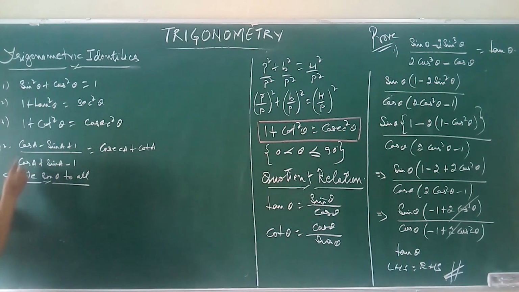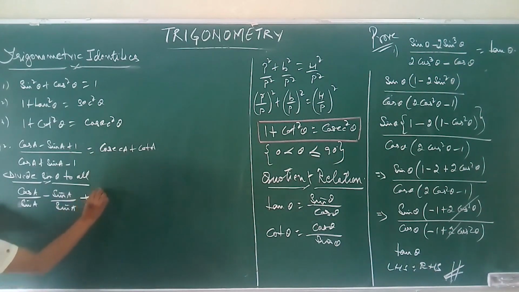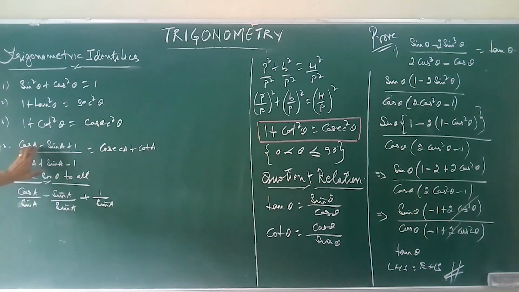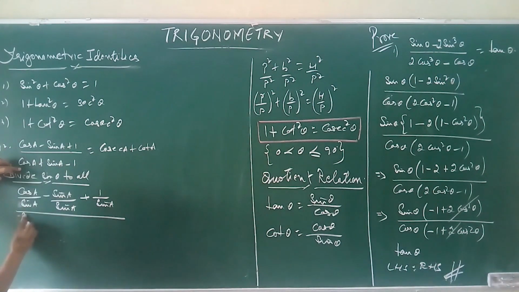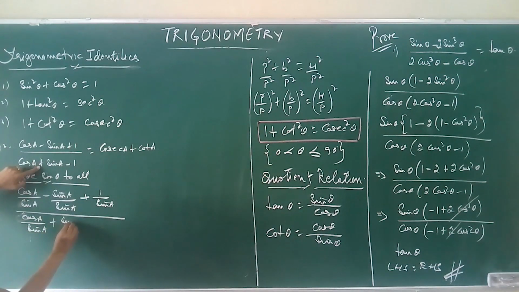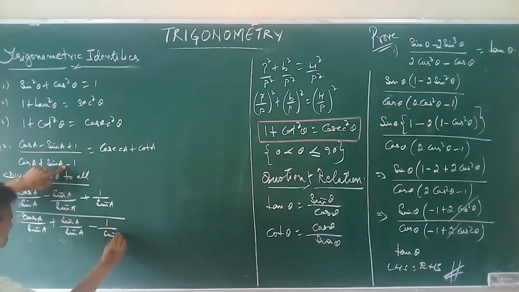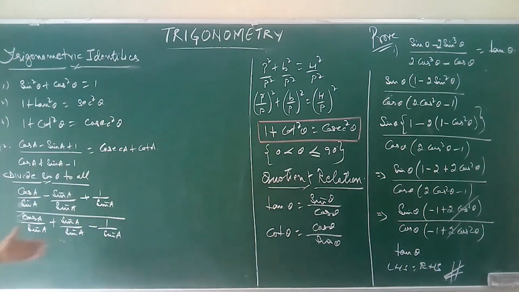For example, if I divide here, cos of A divided by sine of A, minus sine of A divided by sine of A, plus 1 divided by sine of A. I'm dividing nothing here; I just divide each term by sine. The whole is divided by exactly the same here: cos of A divided by sine of A, plus sine of A divided by sine of A, minus 1 divided by sine of A. And why am I dividing by sine of A?